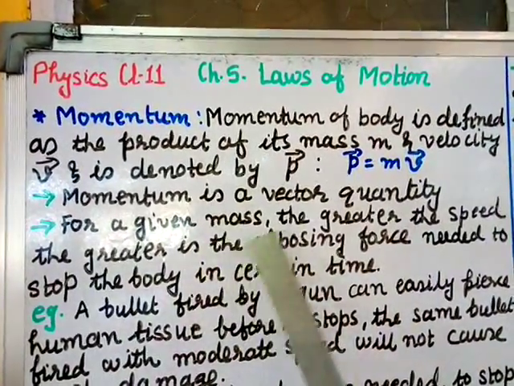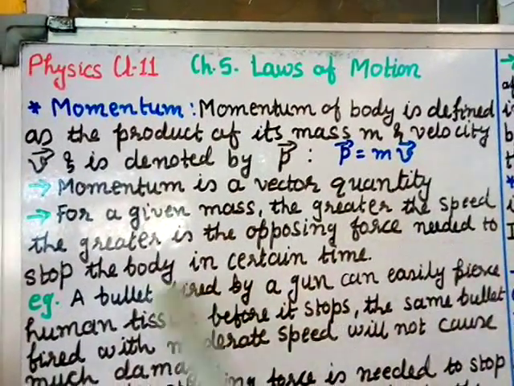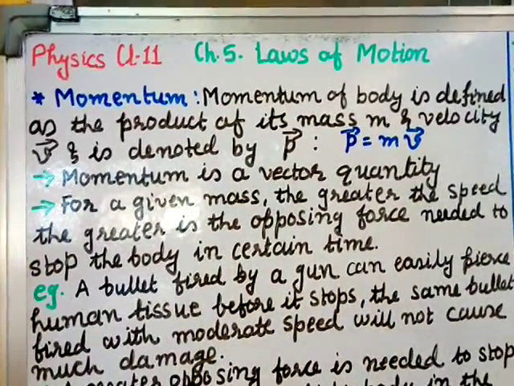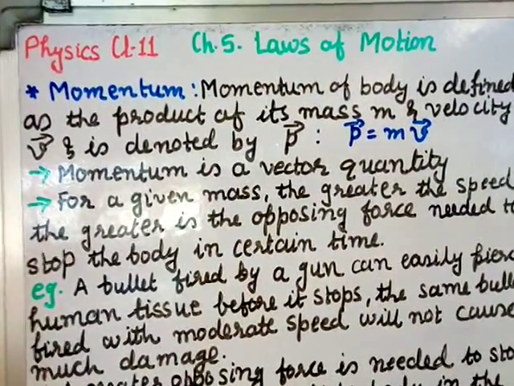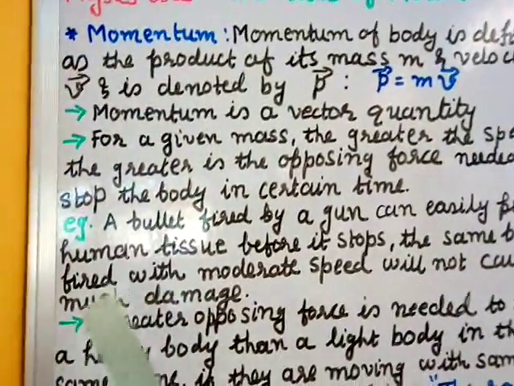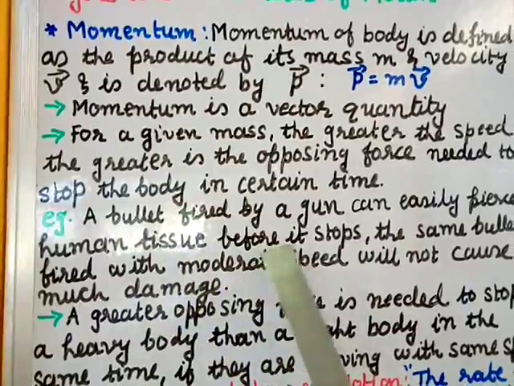For a given mass, the greater the speed, the greater is the opposing force needed to stop the body in a certain time. So suppose an object is moving with a high speed, then to stop that object you require greater opposing force. For example, a bullet fired by a gun can easily pierce human tissue before it stops.